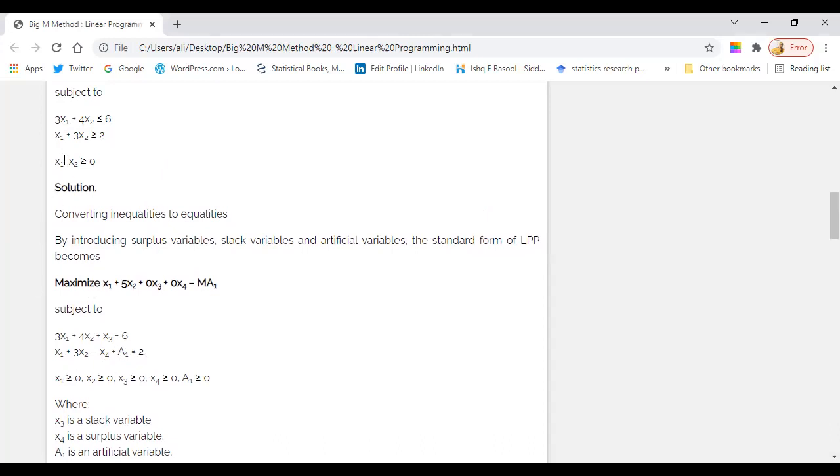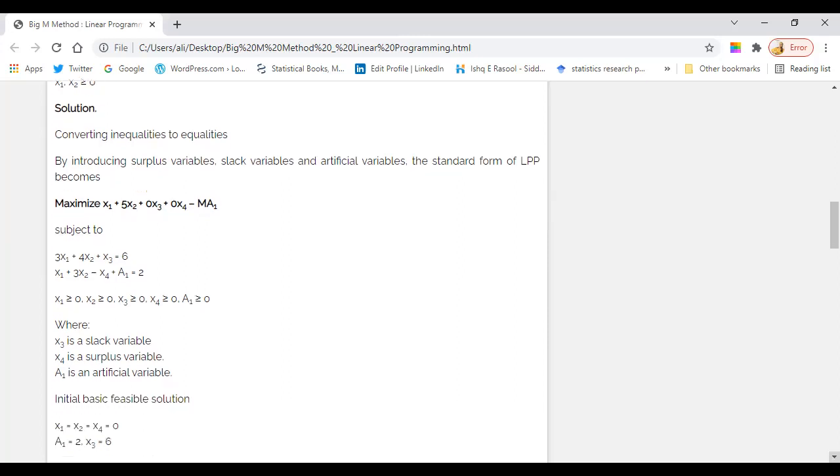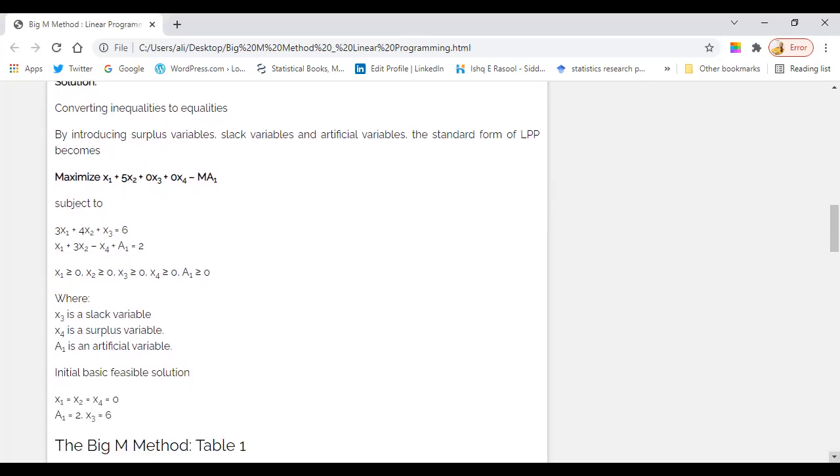The constraints are x1 greater than or equal to 0, x2 greater than or equal to 0, x3 and x4 must also be greater than or equal to 0, and A1 is greater than or equal to 0. Their costs are 0, so we put 0x3 plus 0x4 in the maximization objective function and minus M for the artificial variable. So x3 is a slack variable, x4 is a surplus variable, and A1 is an artificial variable.